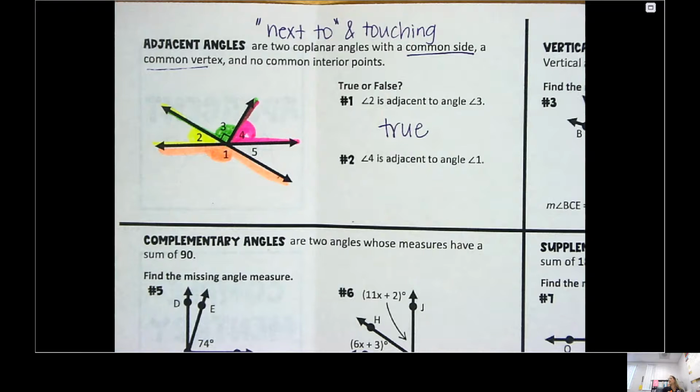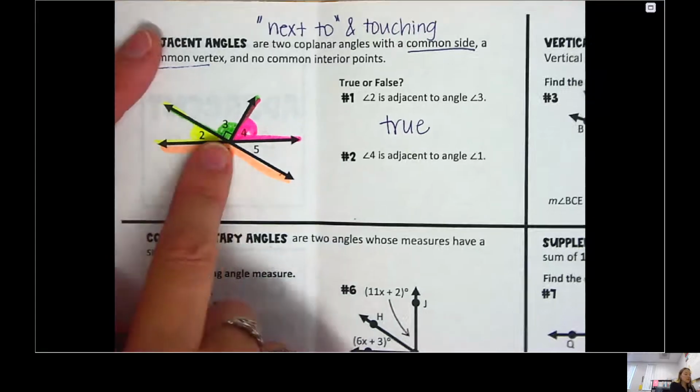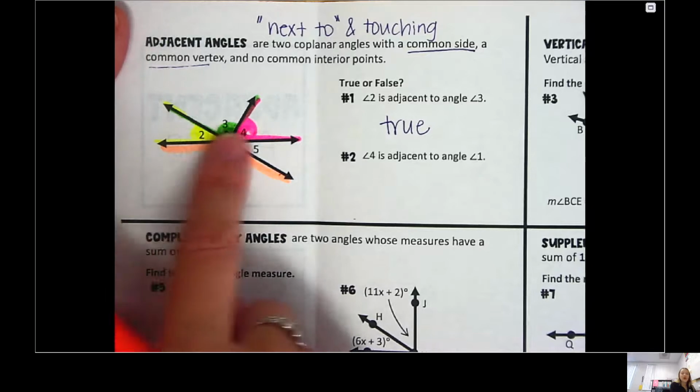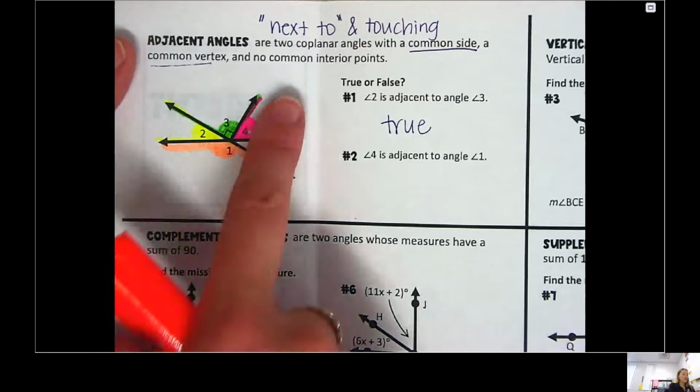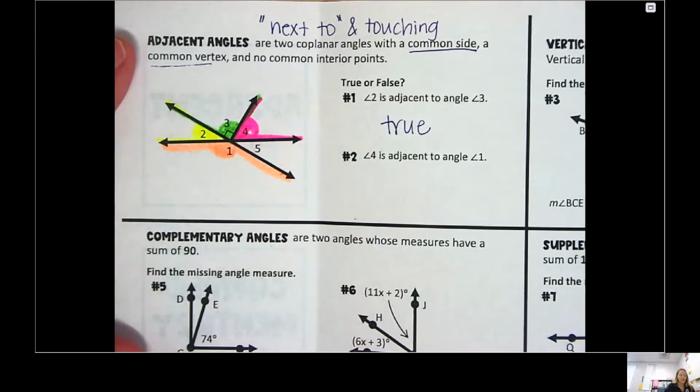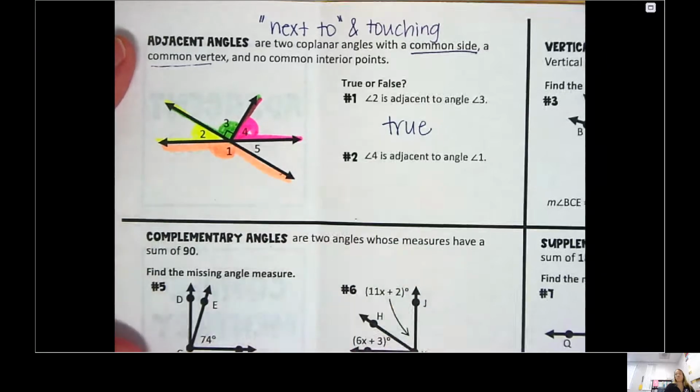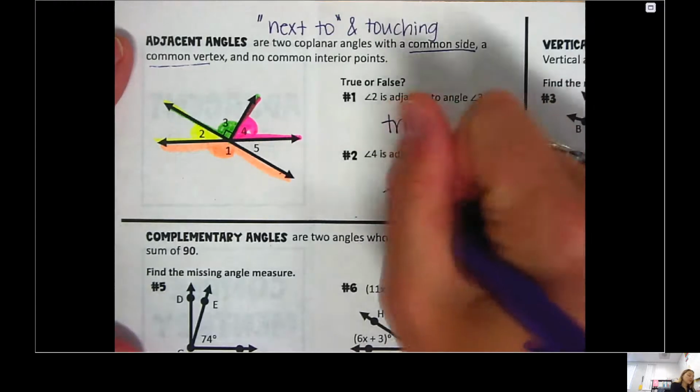They're not touching. Where are they touching? Just right at the vertex. But in order to be adjacent, they have to share one of these sides. They are definitely not sharing a side. 4's over here, 1's over here, and they've got an angle right between them. So are they adjacent? No, this is false.